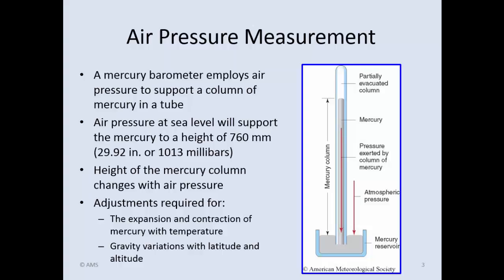On average, sea level barometric pressure, as you can see in this slide, is 29.92 inches, meaning that mercury would rise 29.92 inches up the tube.